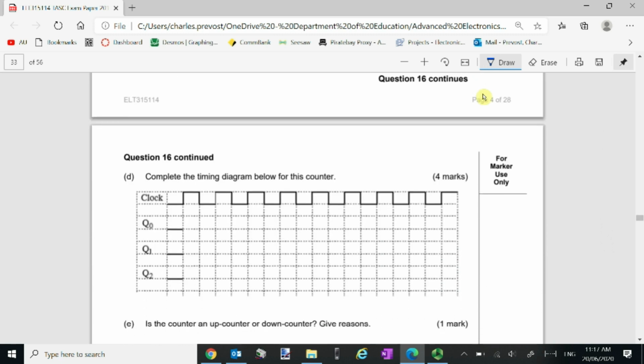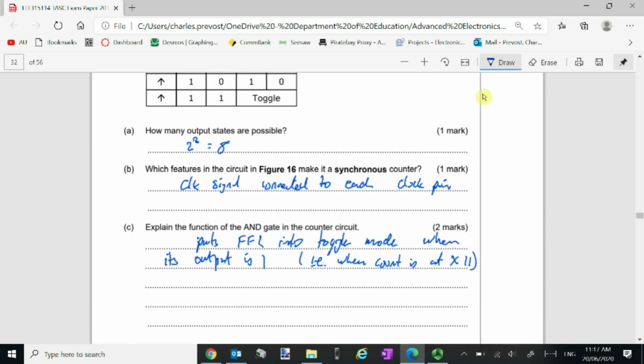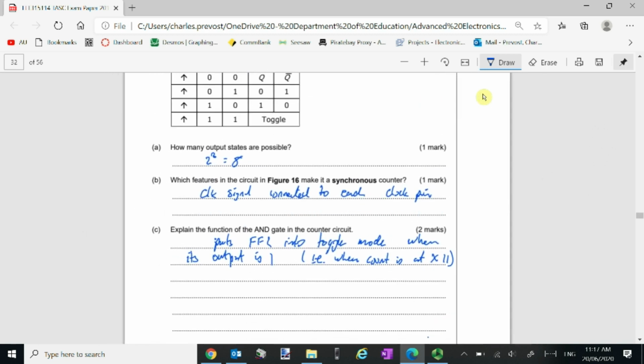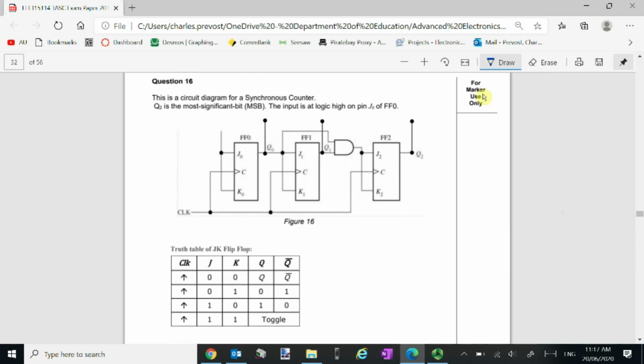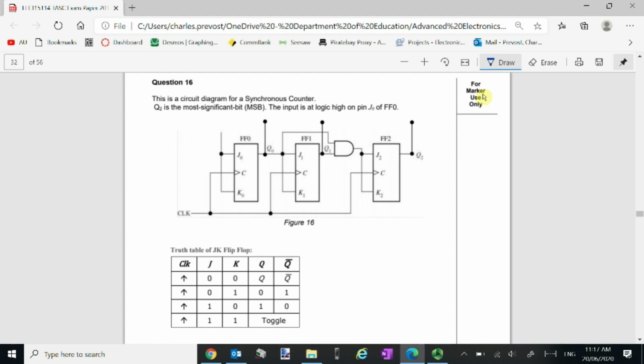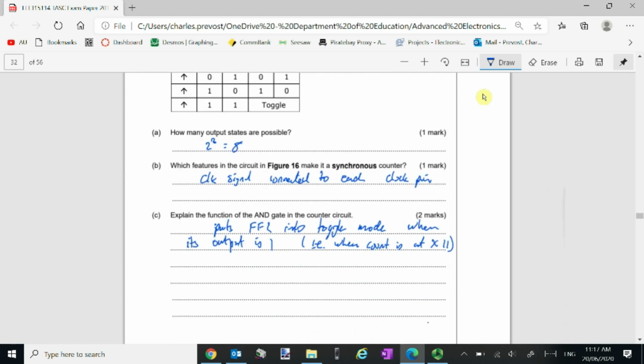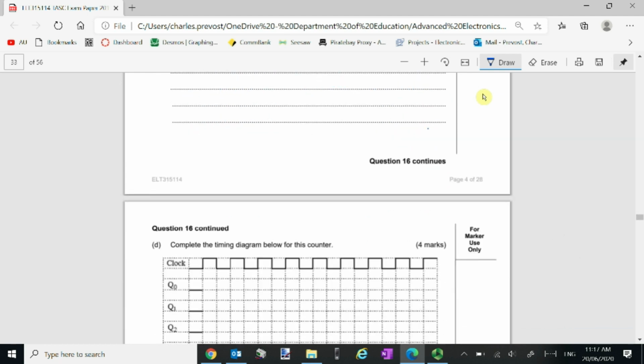Let's complete the timing diagram for the counter. We're not told whether it's an up or a down counter. The best way to start this sort of thing is to start at a particular state, and here we've already been told what it is: 0, 0, 0.